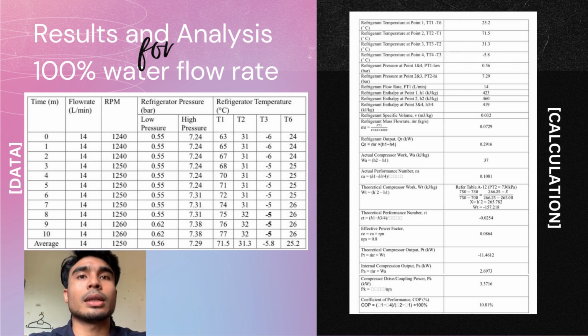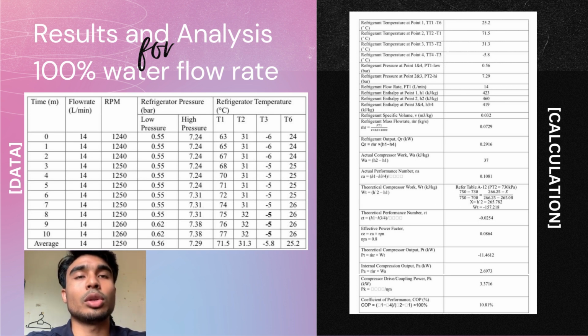Then the data is the same as 50%. We take the average for each reading. Then we proceed to the calculation. As usual, we find the points 1, 2, 3, 4 at enthalpy points 1, 2 and 3. I forgot to explain: for refrigerant enthalpy at point 1, we look at the P-H diagram using the temperature at point 1 and pressure at point 1 to get the H1.